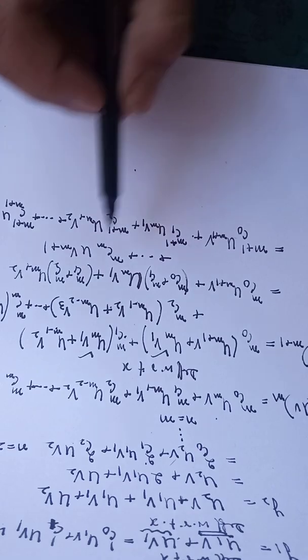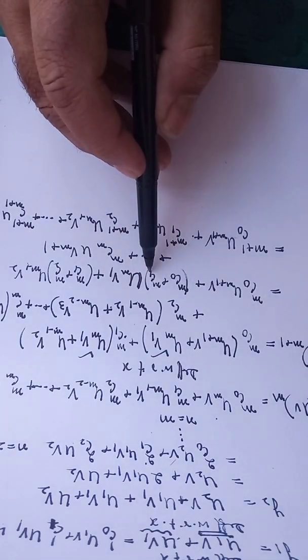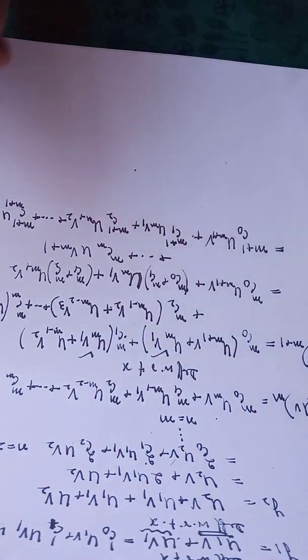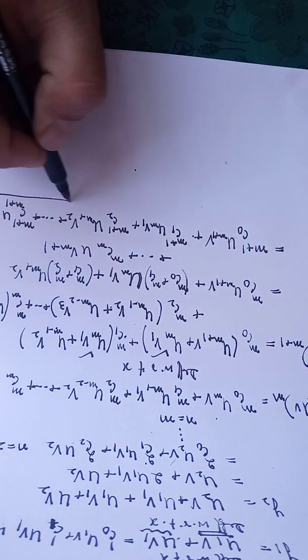I hope you understood that mC0 + mC1 is (m+1)C1. If you don't, let me show it here.